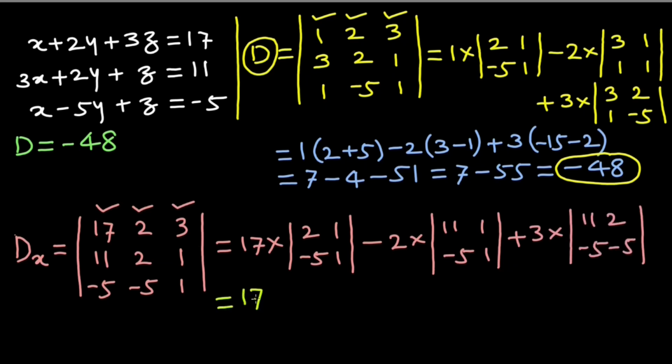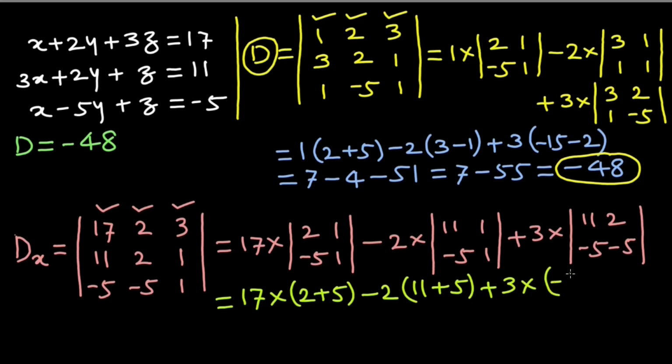It will be 17 multiplied by 2 plus 5, minus 2 multiplied by 11 plus 5, plus 3 multiplied by minus 55 plus 10, which will be 17 multiplied by 7, which will be 119.